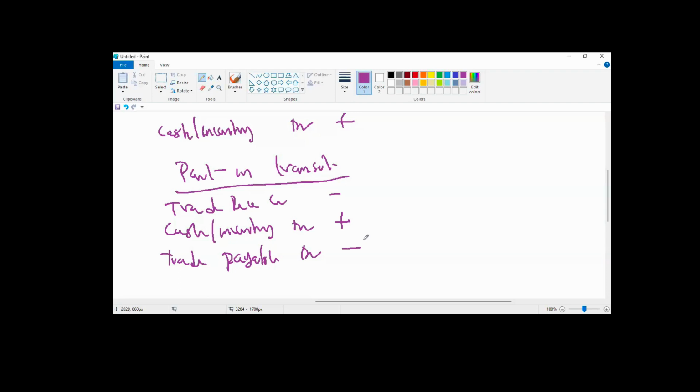Total trade receivable is 24, but 800 is in transit. Inventory. The trade payable is 24 minus 800. That is it. I'll go and post.